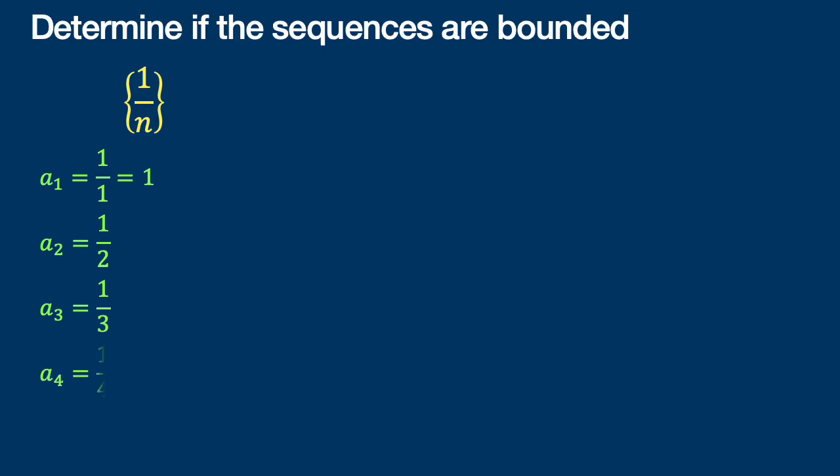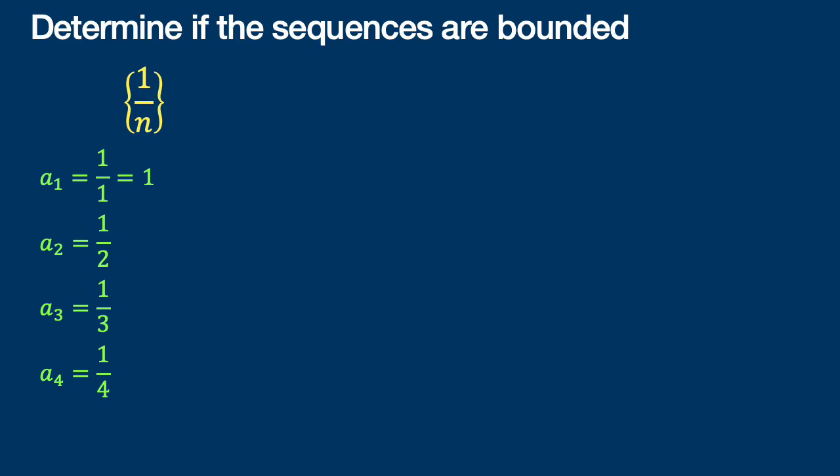Look at this example, okay? Determine if the sequence is bounded. I give 1 over n. Let's figure it out. So plug in n equals 1. The first term is going to be 1. The second term is 1 over 2. The third term is 1 over 3. The fourth term is 1 over 4.